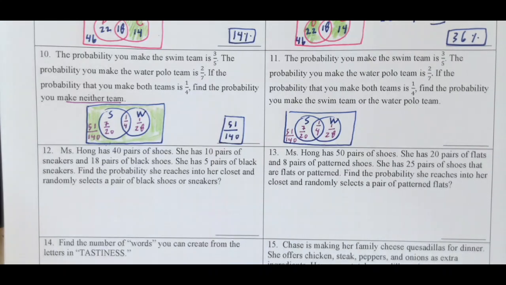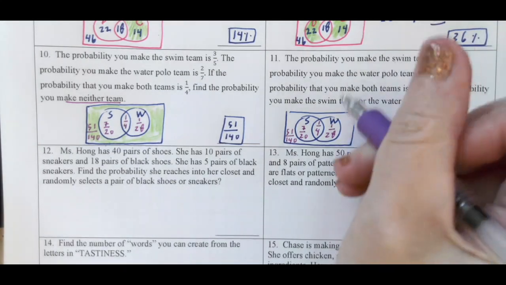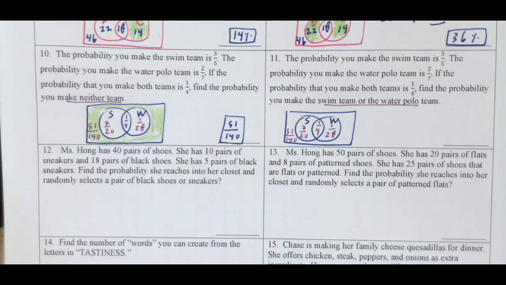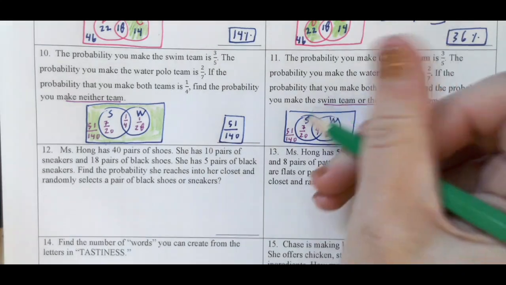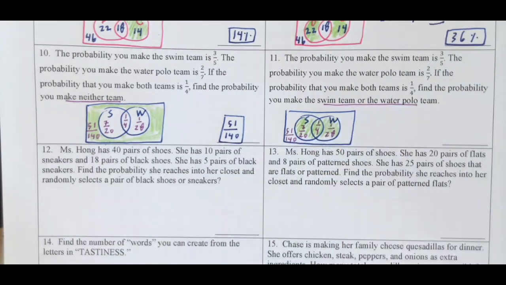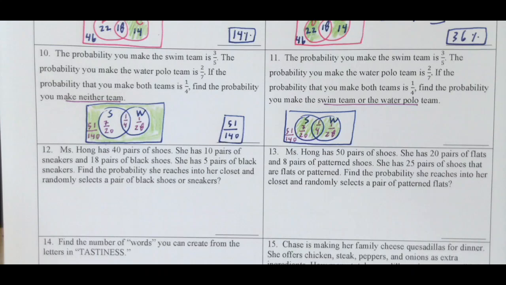Okay, but now I'm saying, how about swim or water polo? It wants the union. So if I'm taking this from the Venn diagram, I would just add up these three spaces, right? It's already accounted for the issue of a double count.